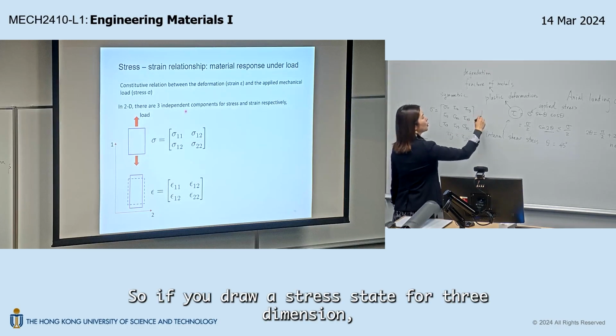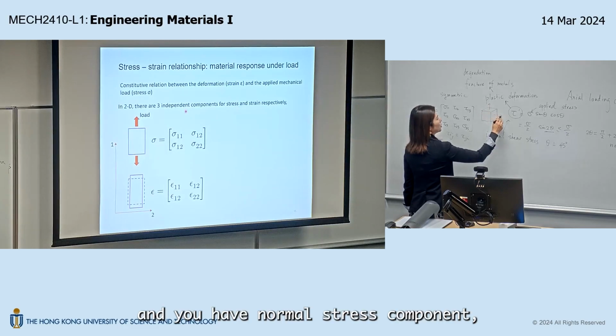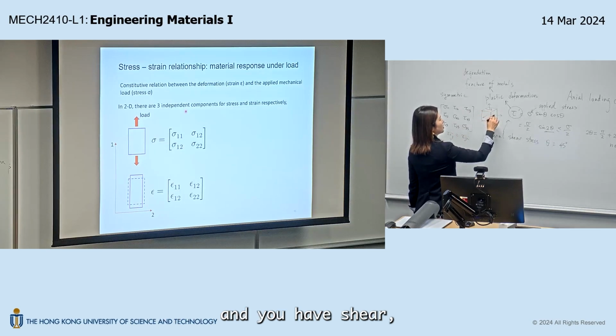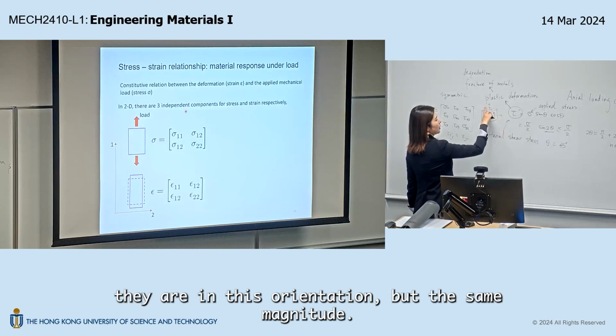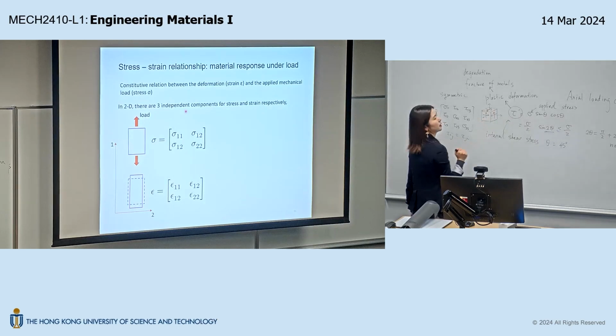So if you draw a stress state for 3 dimensions, you have normal stress components and you have shear components, in this orientation but with the same magnitude, and you have this kind of thing and this kind of thing, right?